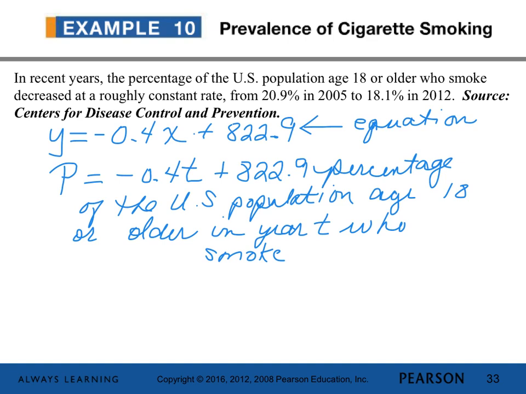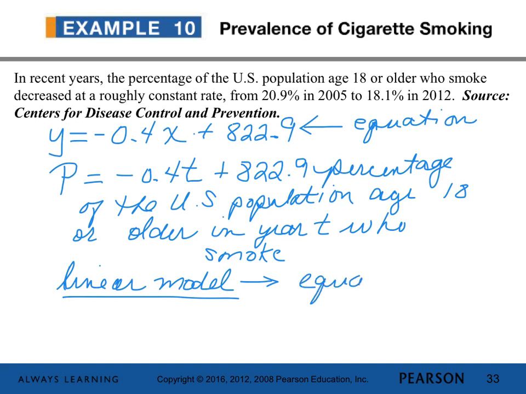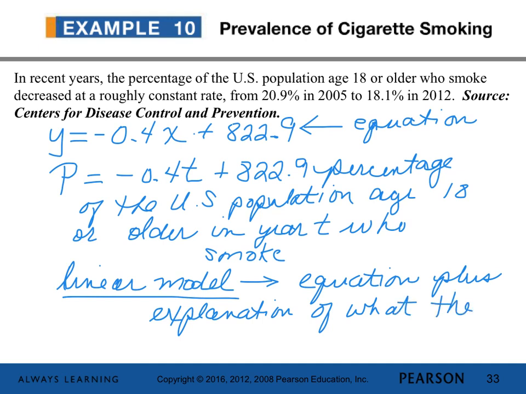You want the linear model, which is the equation plus explanation of what the variables mean, including units. Units of measure. In this case, it's percentage in year. Okay?